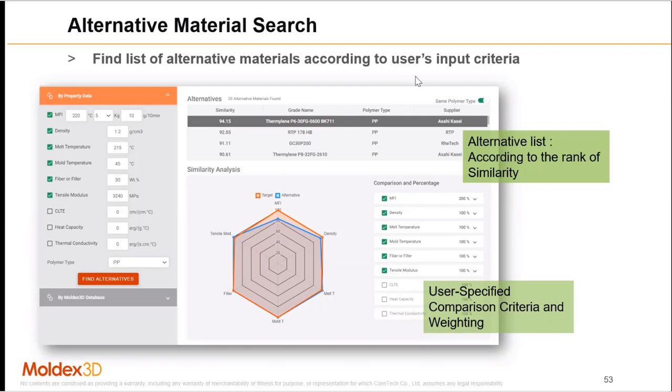Usually right now in Moldex3D, if users want to run simulations but they cannot find a material in the database, they have two choices. First one is they measure the data, but it's cost intensive and time consuming.